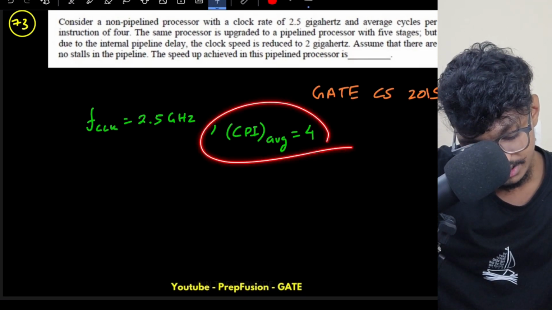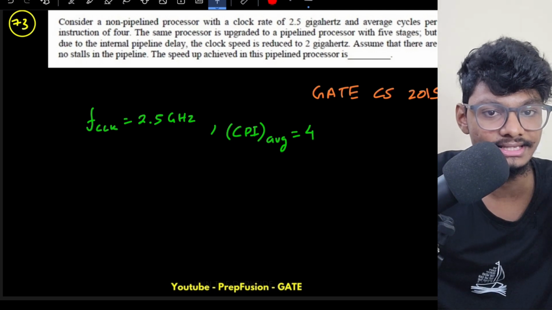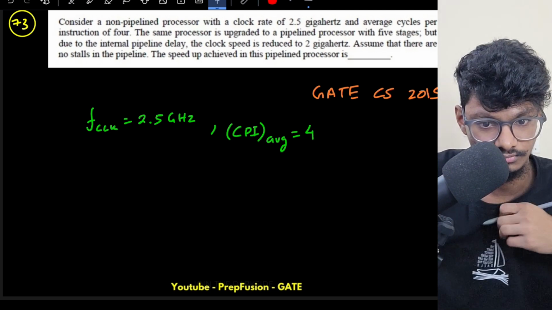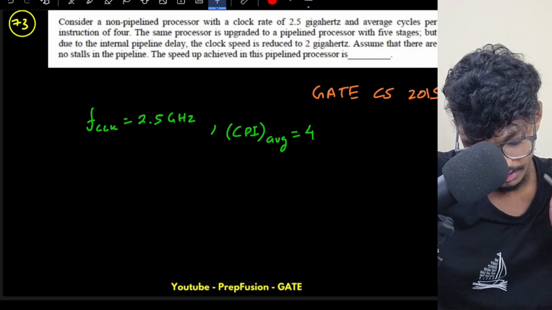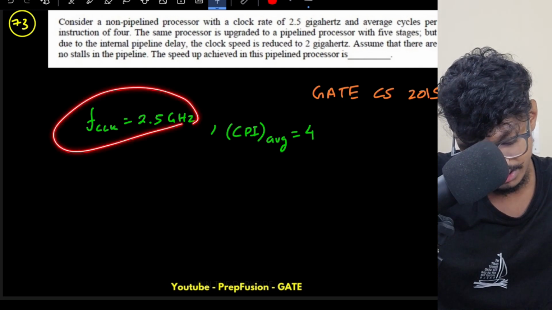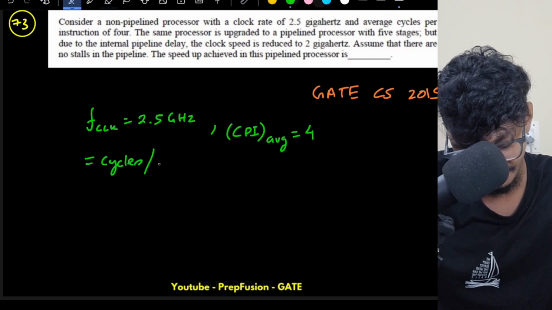So from this, can I say how many cycles each instruction takes? F clock can also be written as cycles per second, right? That is the definition of frequency.